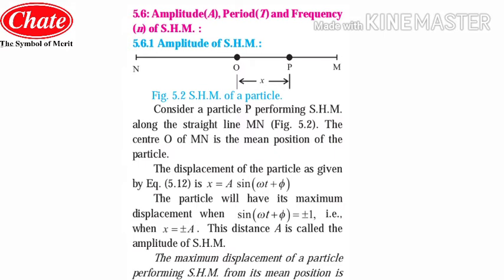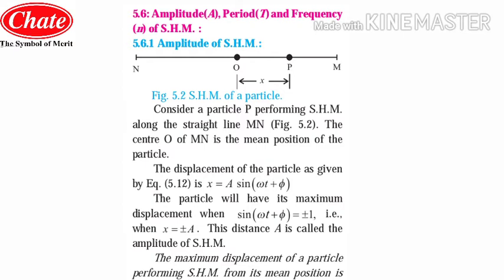So consider a particle performing SHM, which is P, means P is the particle which is performing SHM along the straight line MN. Then the center O of MN is the mean position of the particle.